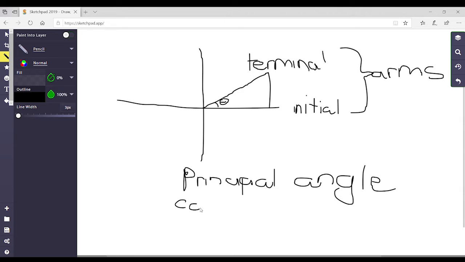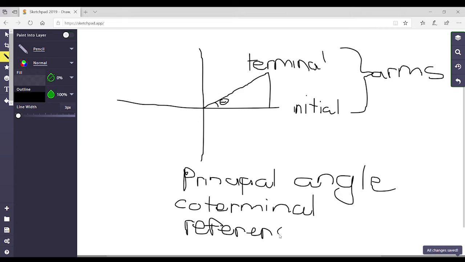There's your coterminal. There's your reference angle. Oh, these are angles, forgot to write angle. Okay. So this is your coterminal angle, this is your reference angle, this is your principal angle.